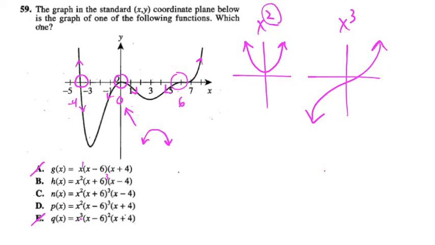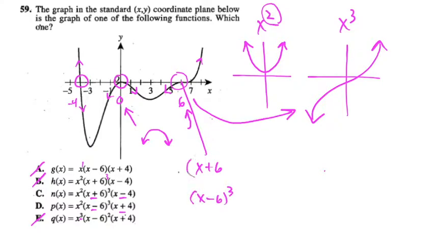If we go to the 6, we see that it looks very similar to this cubic function. And that's because locally it is cubic, which means we do need a cube there. The answer is not B. C and D look very similar. The only differences are the plus and minuses. So the question is, is it x plus 6 or is it x minus 6 quantity cubed?